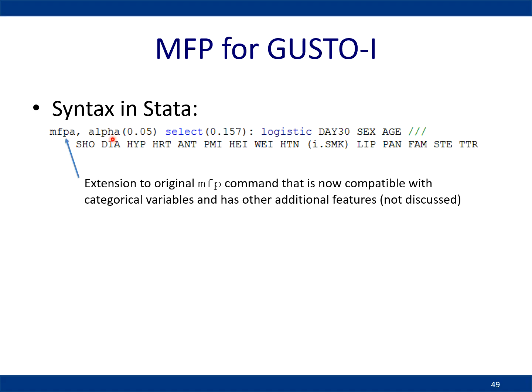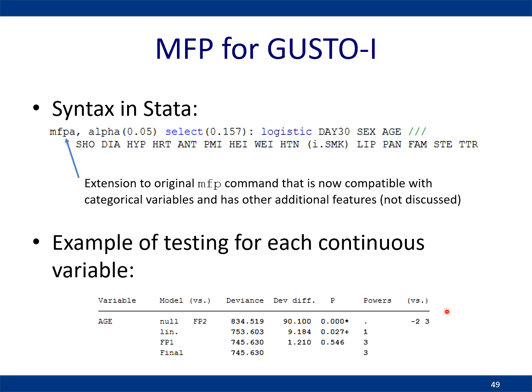We specify our significance level here, alpha of 0.05 for the series of tests, and we can specify our exclusion criteria p-value. So again, we're using 0.157 as a proxy for the AIC, and this part of the code is very similar to before. So we're fitting a logistic model to our outcome, and we include the list of candidate predictors.